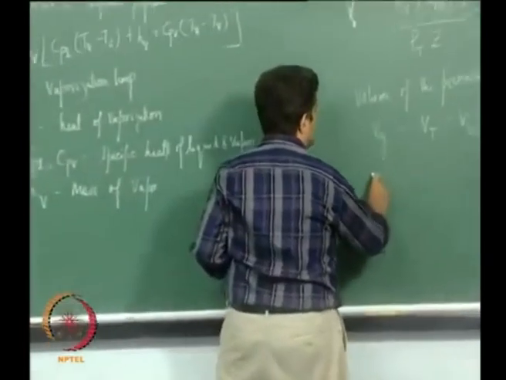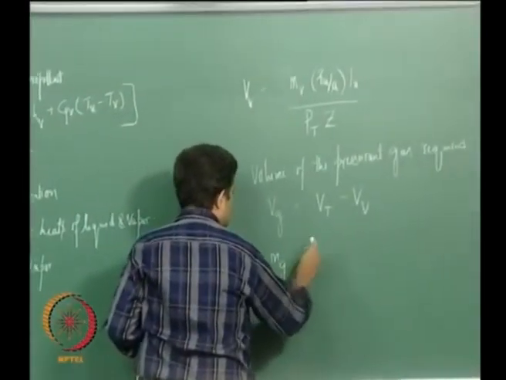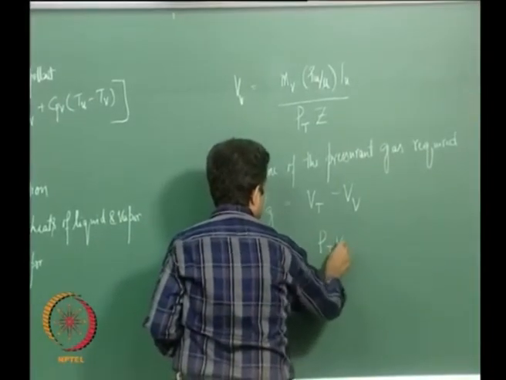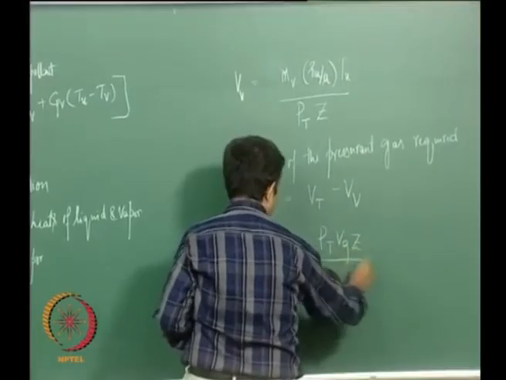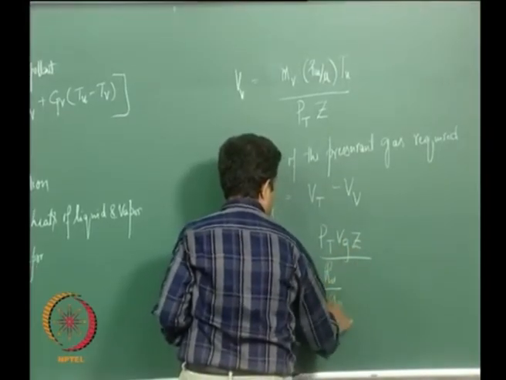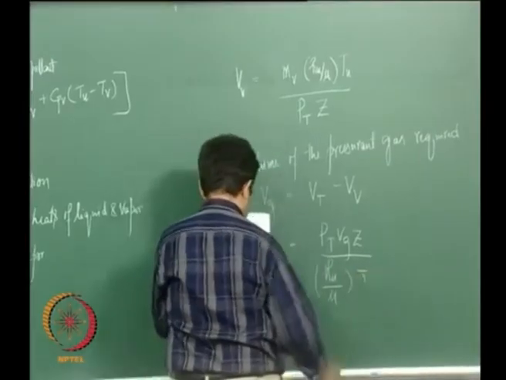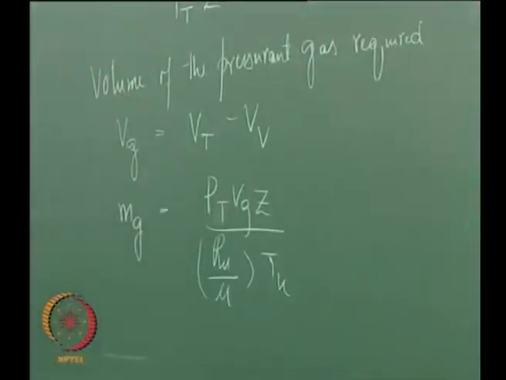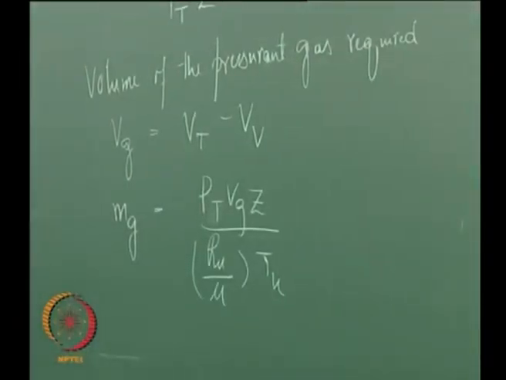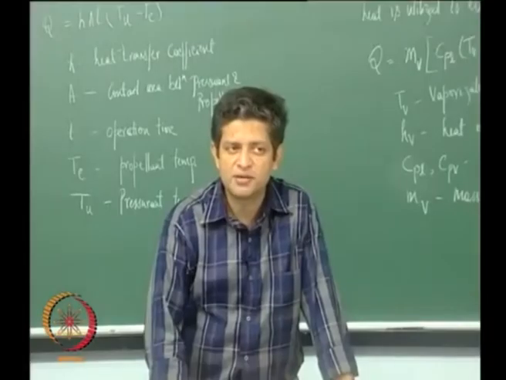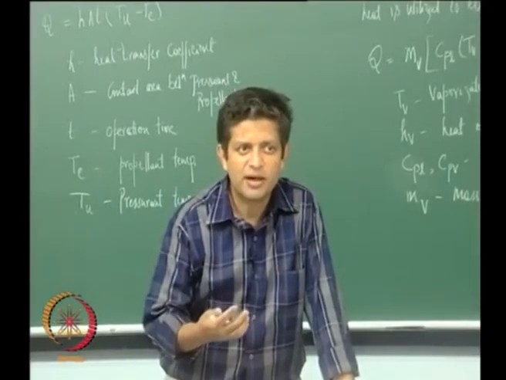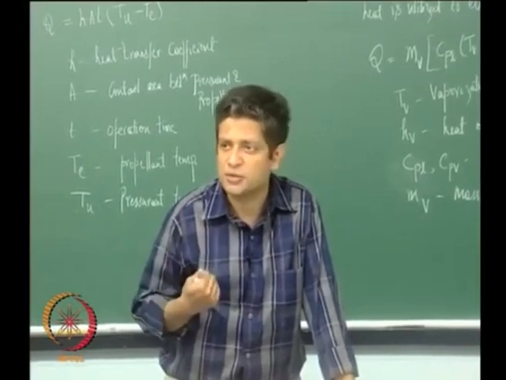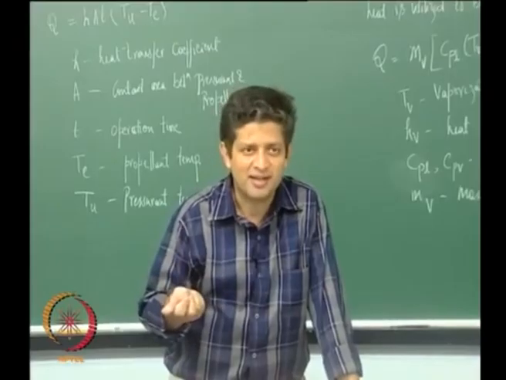So this will be mg would be... okay. So in this case, if you notice, because of the vaporization of the propellant itself, the mass of the pressurant required is reduced. Is this a good thing or a bad thing?